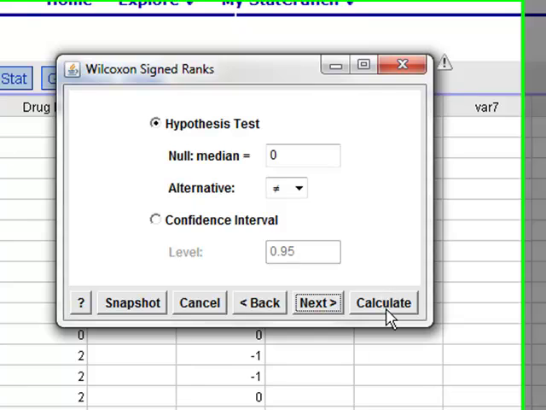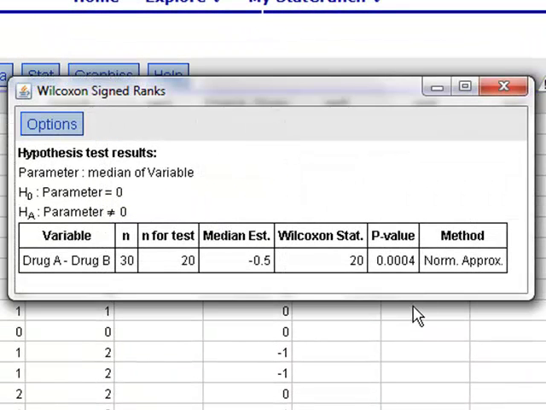If we click Calculate, you'll see the familiar output that you're probably getting used to by now. So we have that we tested the median of our variable, so our median difference. You notice that your test statistic was 20, and your p-value was 0.0004. Now, the p-value of 0.0004 is smaller than any significance level that we would ever use.